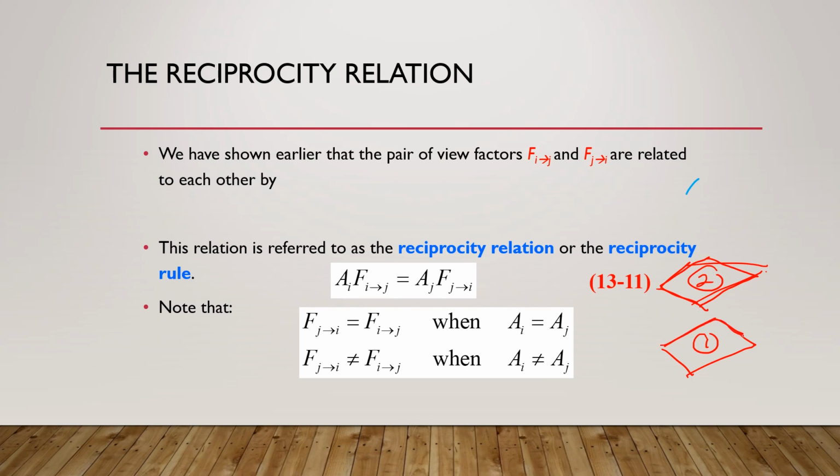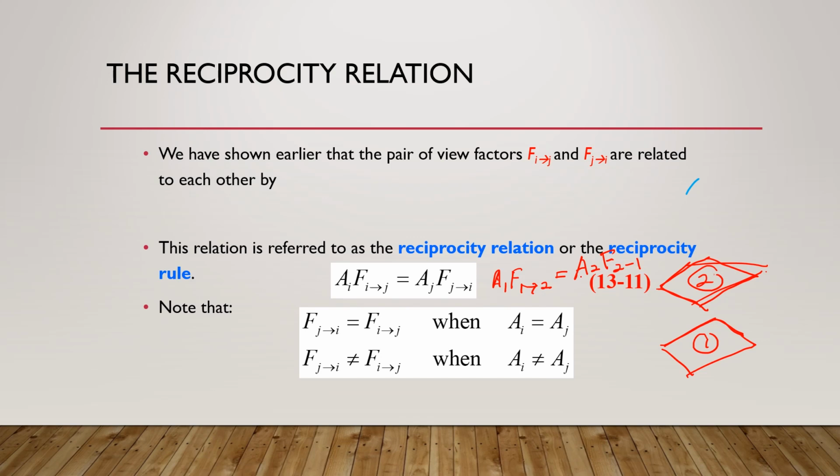If you have the same area here, a rectangular box, and we know that the rectangles have the same dimensions for surface 1 and surface 2, therefore this is A1. So for surface 1, we want to find F1 to 2, A1 F1 to 2 equal to A2 F2 to 1.